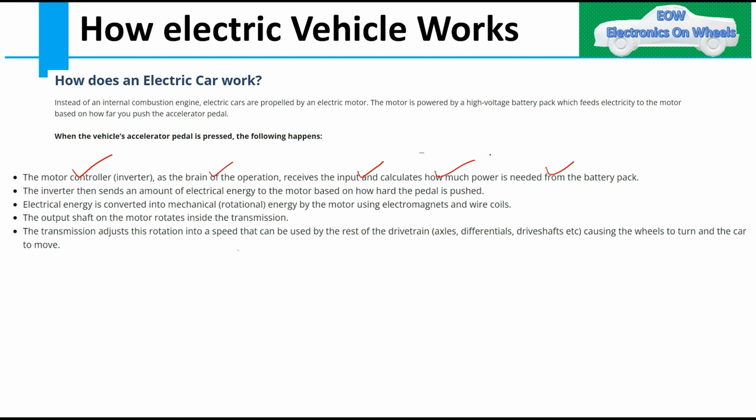When you put your foot on the accelerator, the inverter sends electric energy to the motor based on how hard the pedal is pressed. Electric energy is converted to rotational mechanical energy by the motor using the electromagnet. The output shaft on the motor rotates inside the transmission, and the transmission adjusts this rotation into the speed that can be used by the rest of the drivetrain. So this is the overall process of how an electric vehicle works when you press the accelerator pedal.